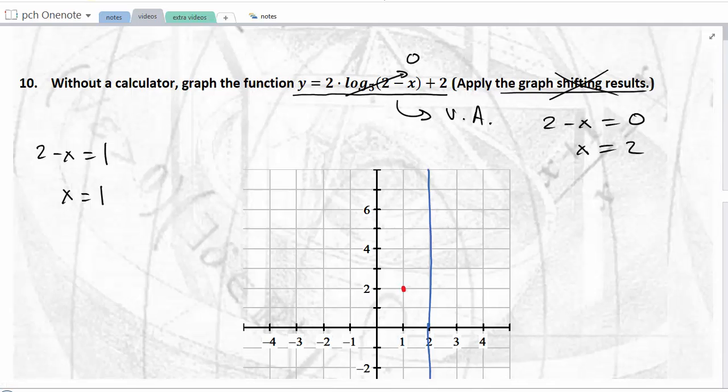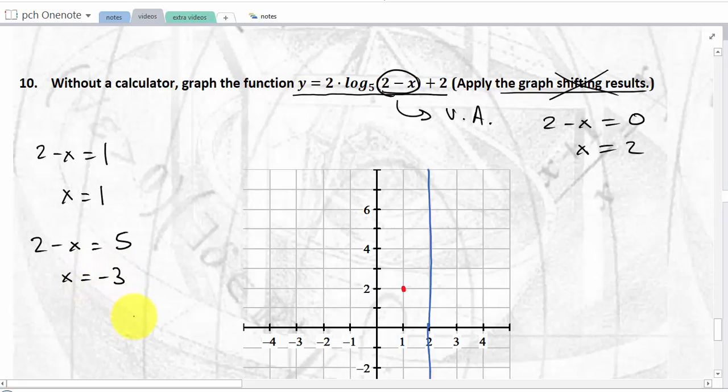And the next point is for the whole input to be equal to the base. So I want that to be equal to the base. So 2 minus x equals 5. And that is telling you that x is negative 3. And if x is negative 3, what's the output? So if this is 5, the output is 1 right here. 2 times 1 is actually 2. 2 plus 2 is 4.